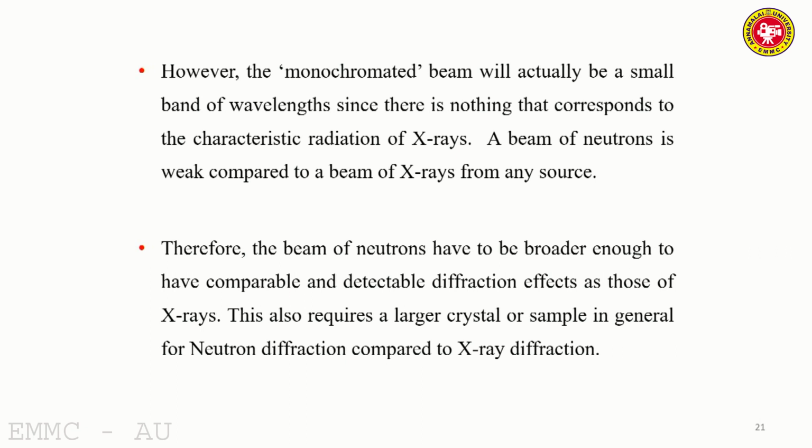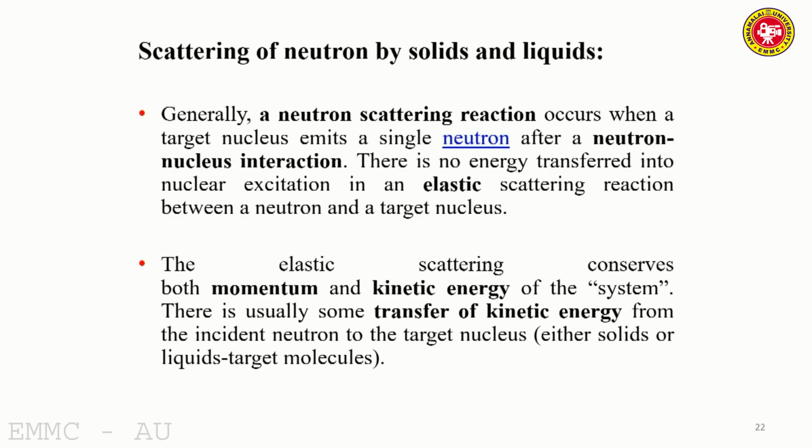A beam of neutrons is weak compared to a beam of X-rays from any source. Therefore, the beam of neutrons has to be broader to have a comparable and detectable diffraction effect as that of X-rays. This also requires a larger crystal or sample in general for neutron diffraction compared to X-ray diffraction.